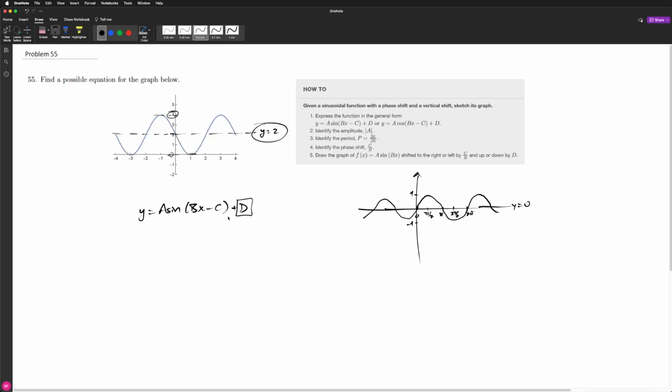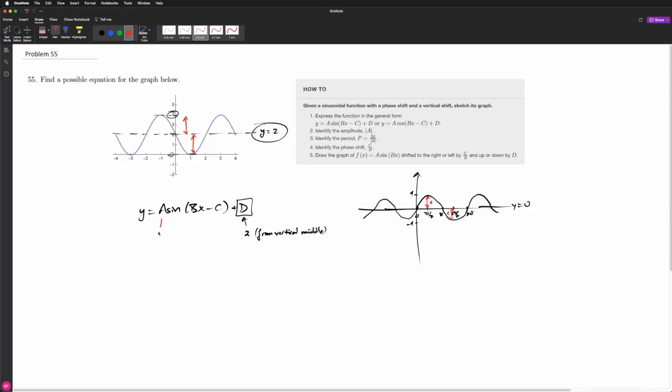The vertical middle is y equals 2 instead of y equals 0. So the vertical shift has to be 2. And the amplitude is how much the outputs deviate from the vertical middle. Instead of 1, now they're deviating by 2.